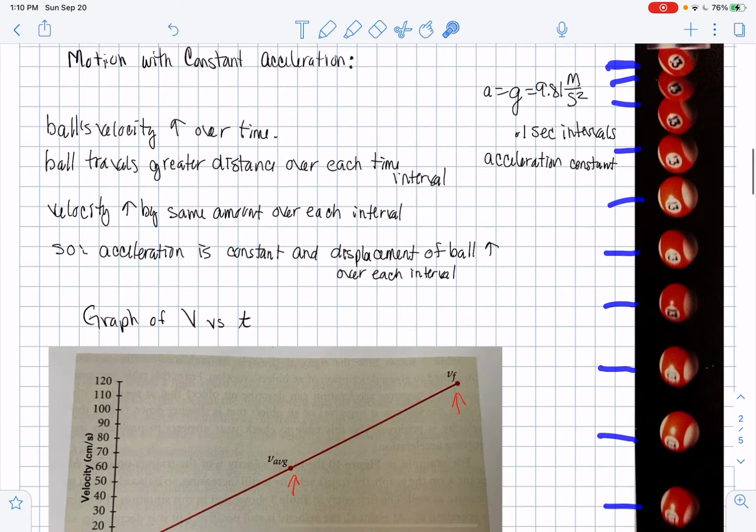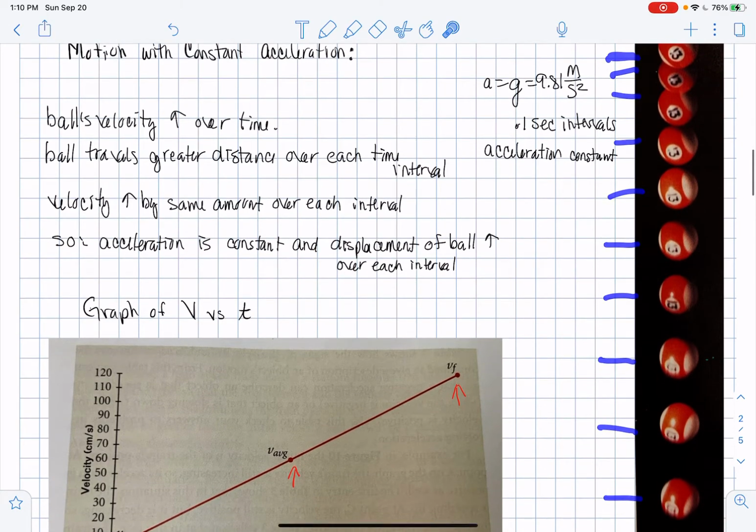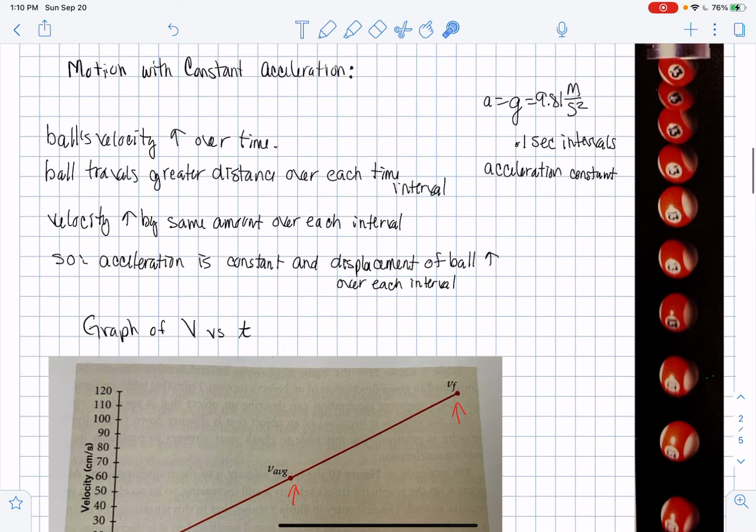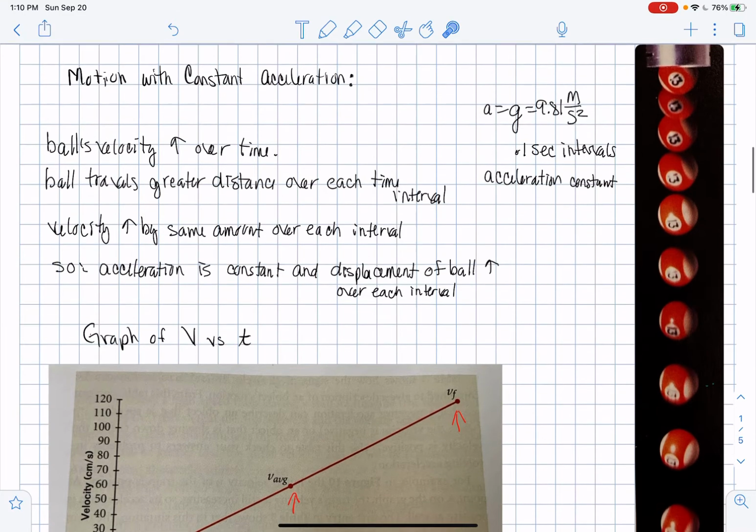The ball's velocity thus increases over time. The ball travels a greater distance over each time interval. The velocity increases by the same amount over each interval. Acceleration is constant, and the displacement of the ball increases over each of those intervals.